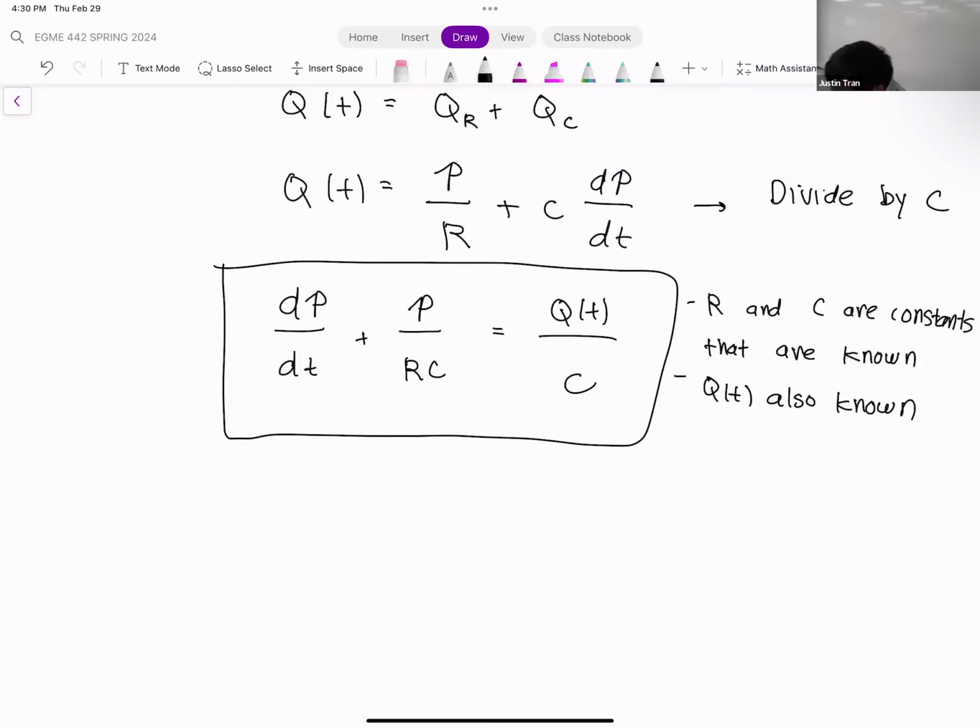Okay. And so what we have here then is an ordinary differential equation. And what we're going to solve from this equation is P, or the pressure on the capacitor.